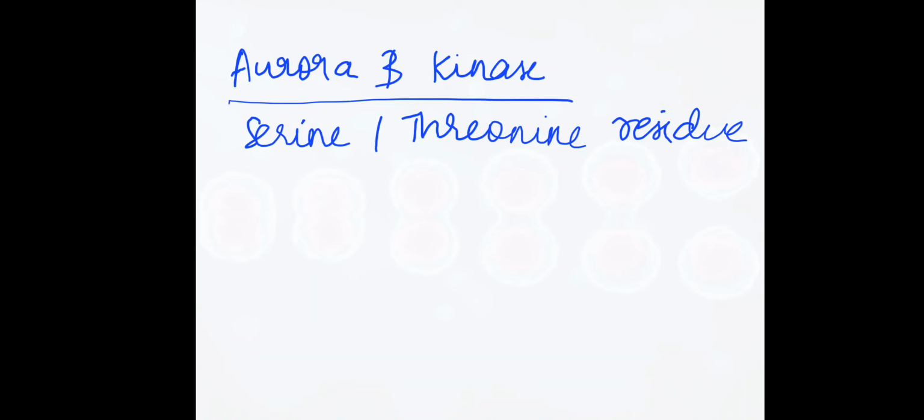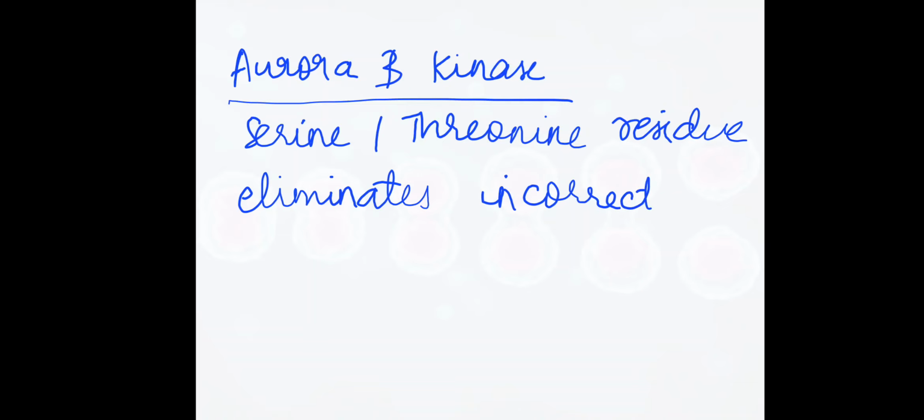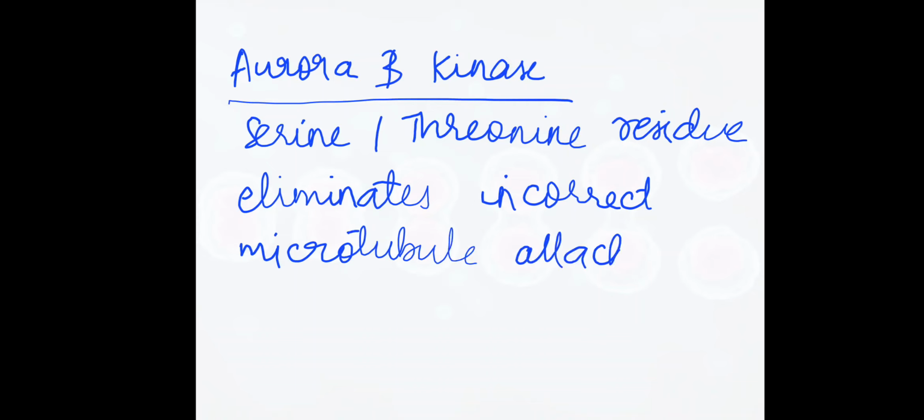So it is the point where, with the help of the Aurora B kinase, the kinetochore eliminates erroneous or incorrect microtubule attachment. With Aurora B kinase, the kinetochore harbors an error correction mechanism which eliminates incorrect microtubule attachment.